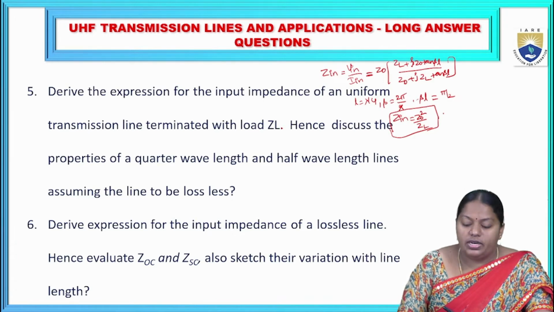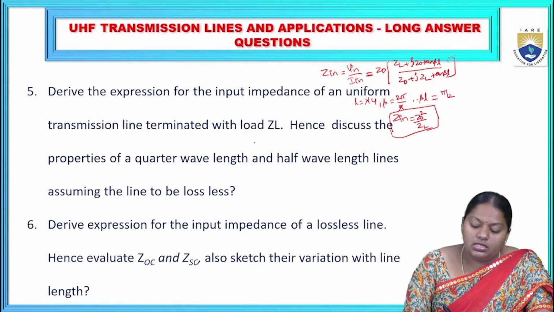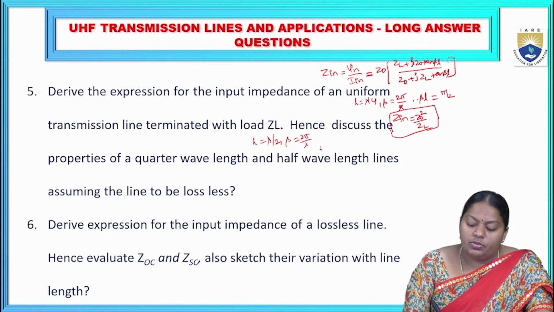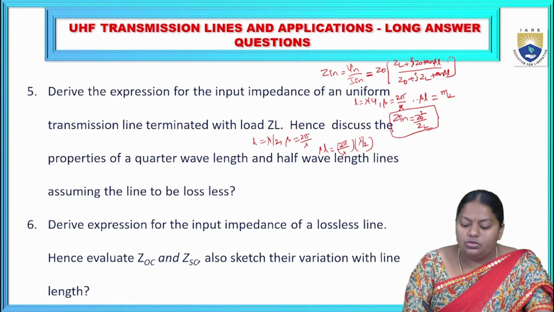Similarly, if we consider L equal to lambda by 2 and beta equal to 2 pi by lambda, multiplying them, the 2s cancel and beta L is equal to pi.